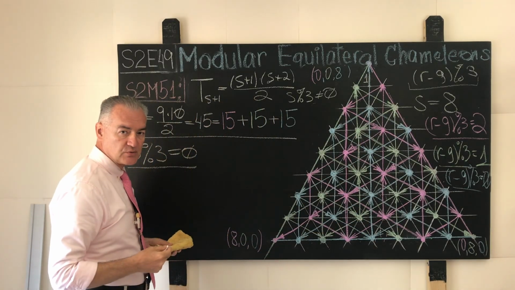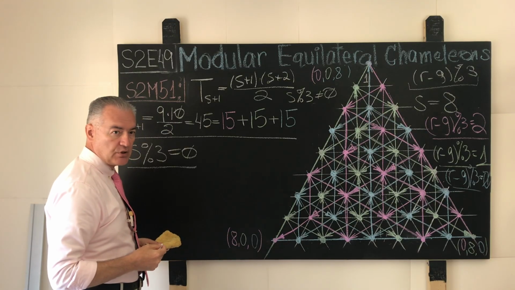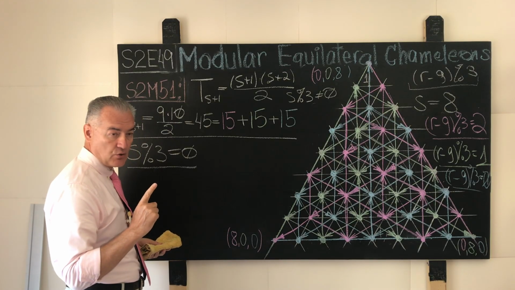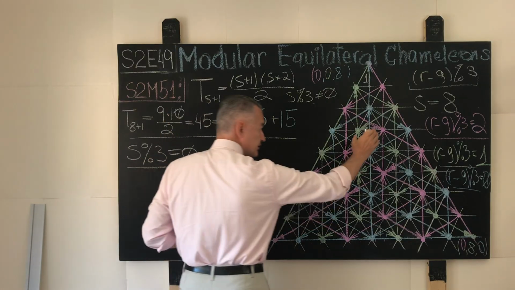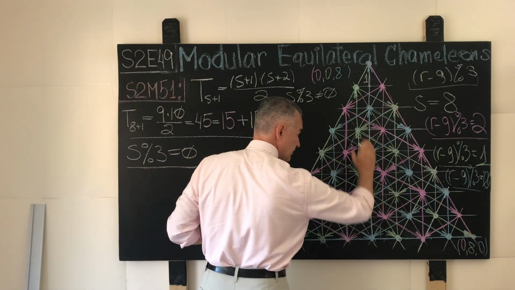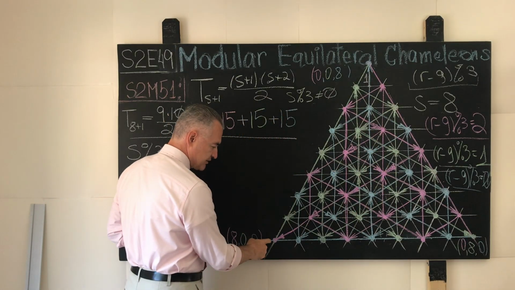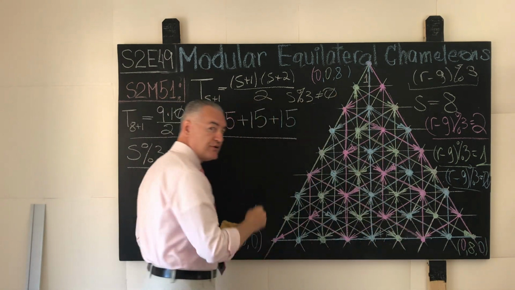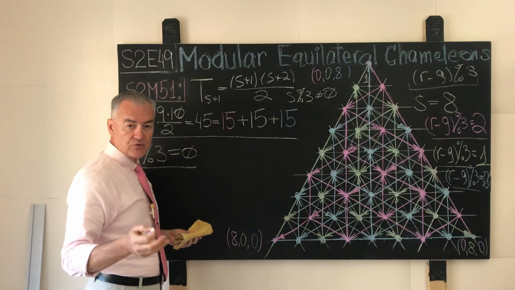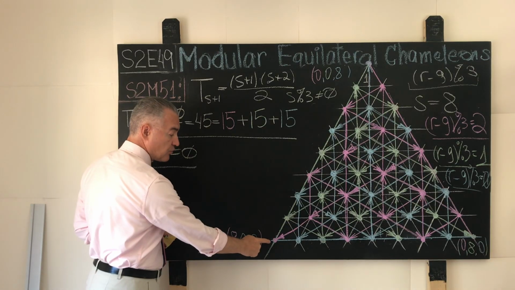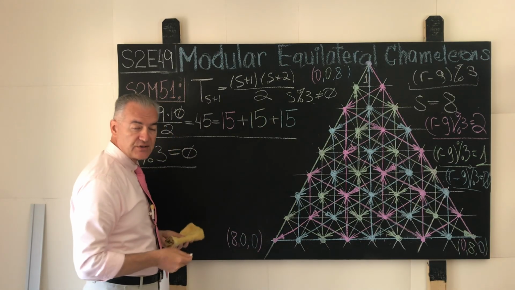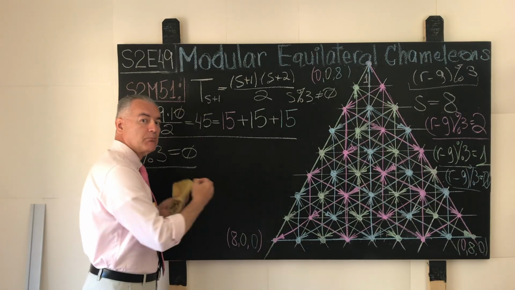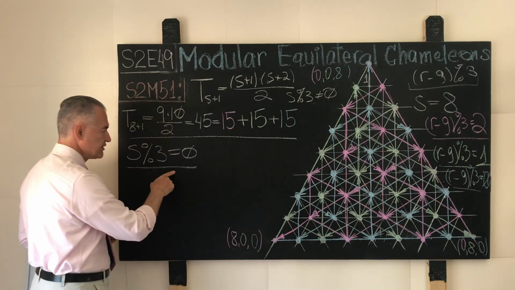In this case, you will see that there will be only one class of coordinates, one class of points, from which it will be possible to reach all 3 vertices of the parent or generating equilateral triangle, and we know that that state corresponds to the requested state: all the chameleons in this family painted one color. So this is possible.